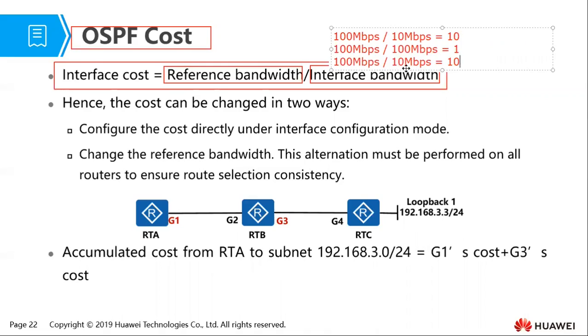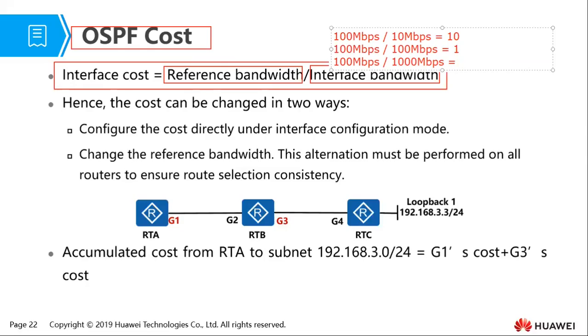On the other hand, if the speed of an interface is 1 gig, it's a gigabit Ethernet, what is going to be the cost using the default reference bandwidth? 1. Exactly. So it's going to be 1.